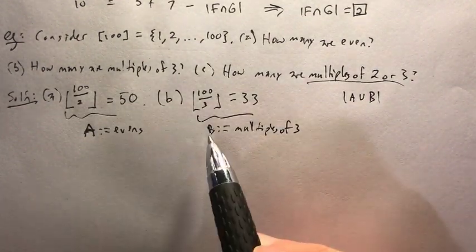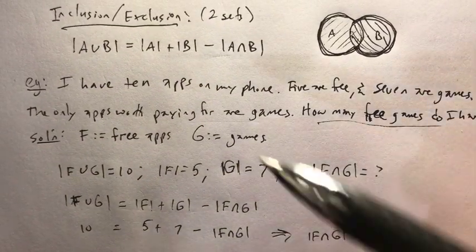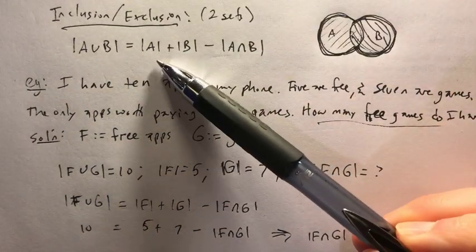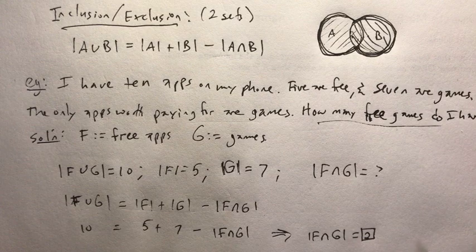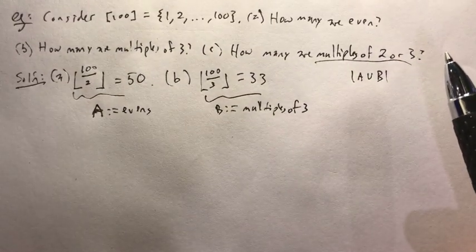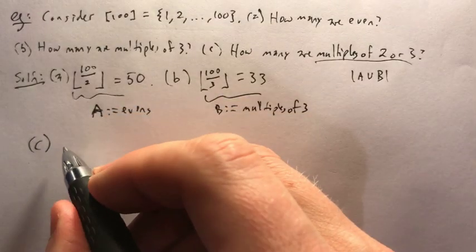I've got A, I've got B, and if we go back up to our inclusion-exclusion formula, if I want to find the size of A union B, I need to have A, I need to have B, but I also need A intersect B. So what is A intersect B for this question?